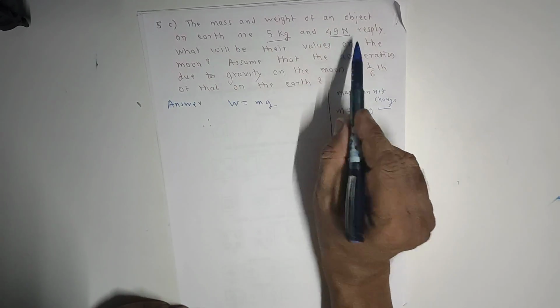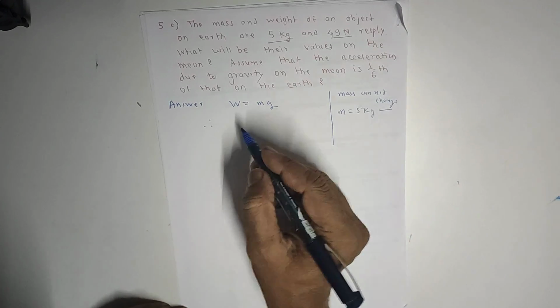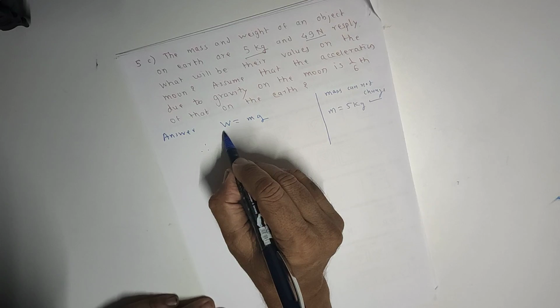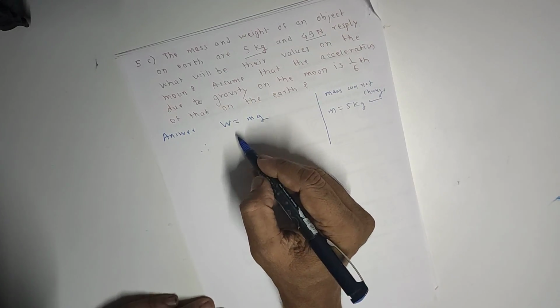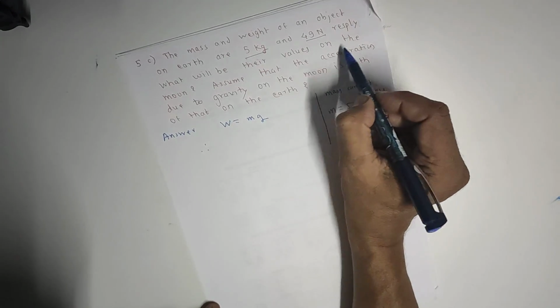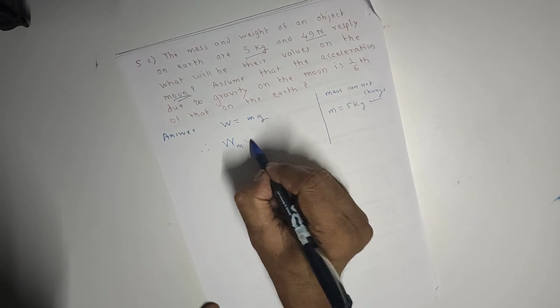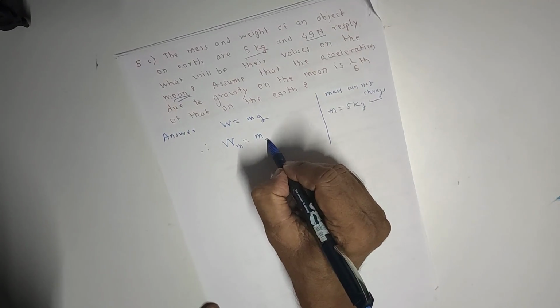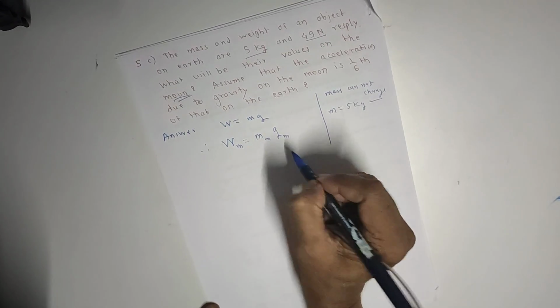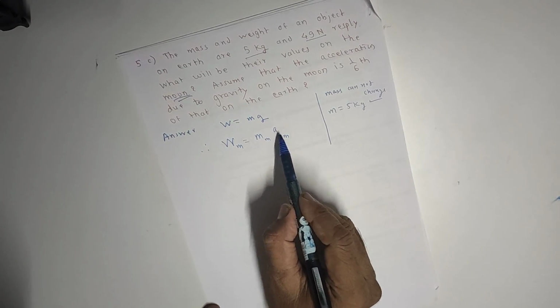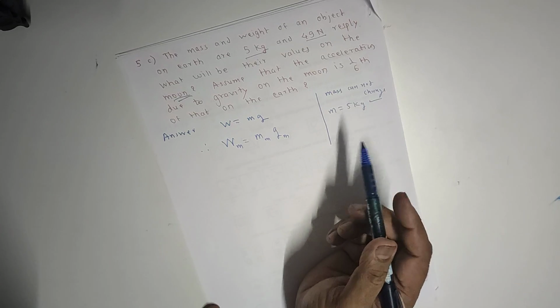Mass and weight on the earth, with g: weight, suppose we write this expression like this, W equals m g. What we want to find is their values on the moon. Therefore we write WM, MM, gm, meaning weight on moon, mass on moon, g on moon. g means gravitational acceleration.